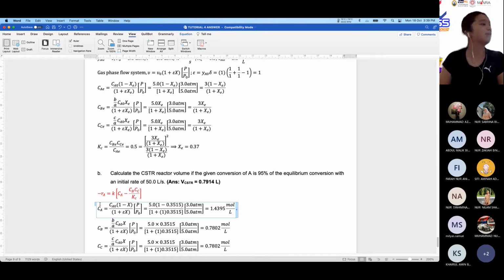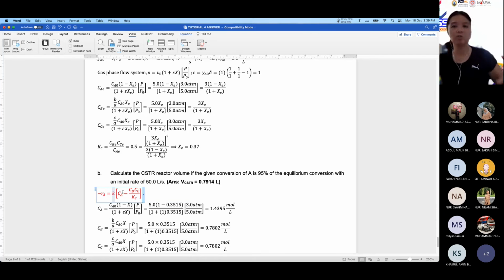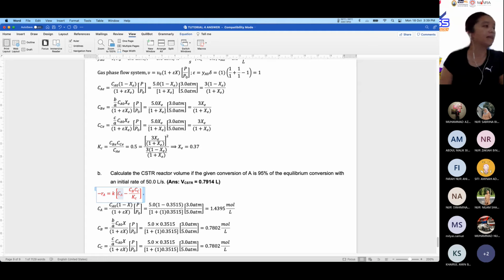Elementary reversible is given as -rA equals k. K tu mesti ada. Dalam bracket sekarang ada dua part. Okay, so part yang pertama ni adalah concentration of all of your reactant kuasa stoichiometric coefficient. Okay, dalam kes ni hanya satu reactant A and stoichiometric coefficient dia adalah 1. Okay, sebab tu kamu tulis sebagai CA.